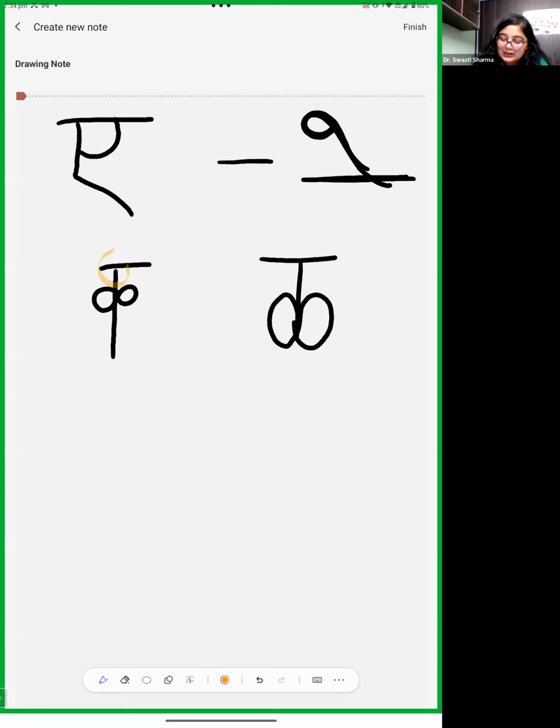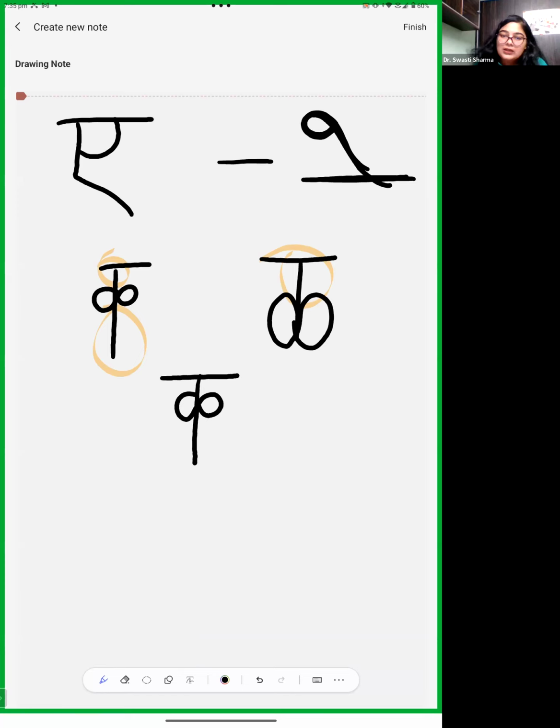Here is less and here is bigger. In ka, this space is bigger than the upper one. When you look at Sharda manuscripts, these letters are written in a very short form, so you will find ka like this, and sometimes it touches the line also.